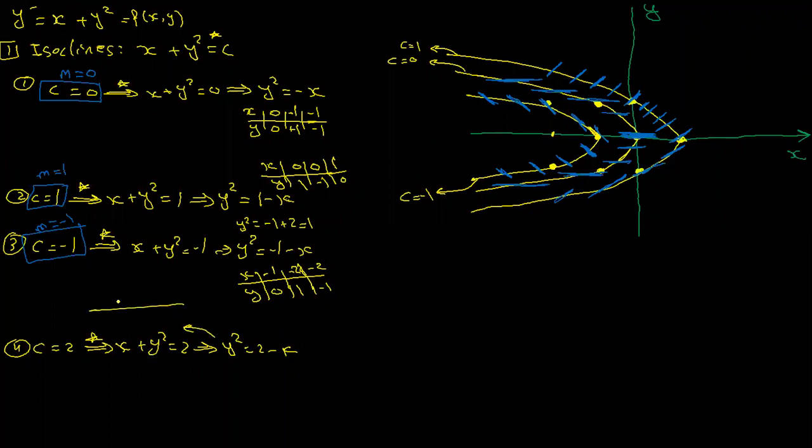Now, can I take my x to be 0? If I choose my x to be 0, so the y is what? Positive or negative root 2.